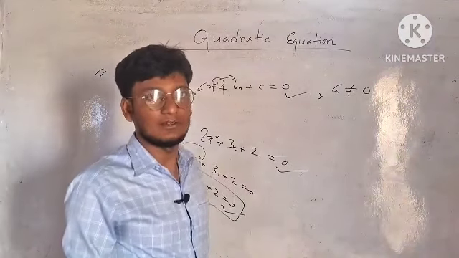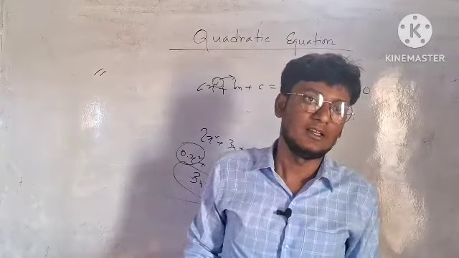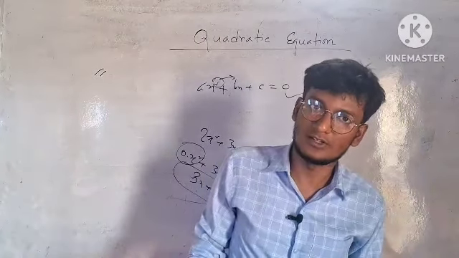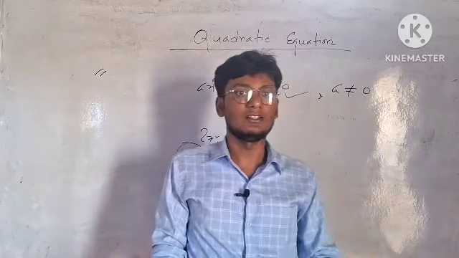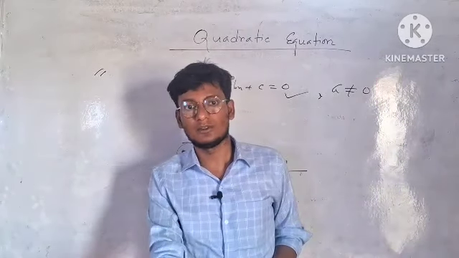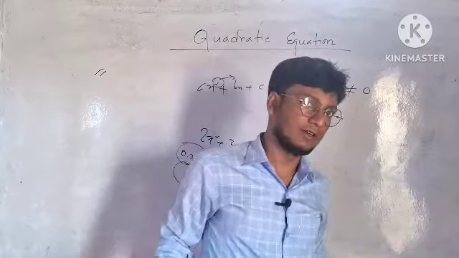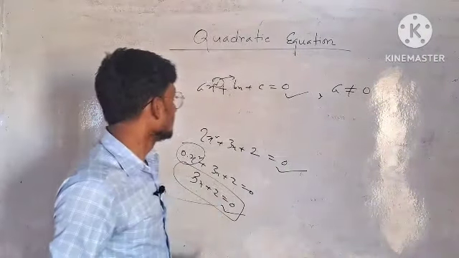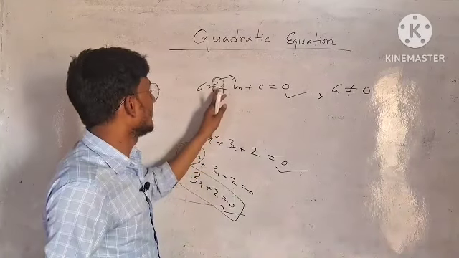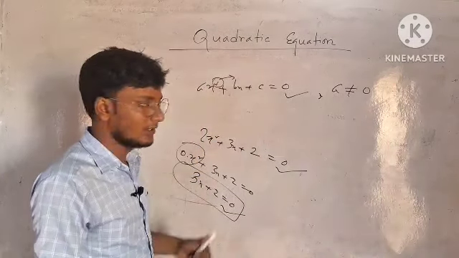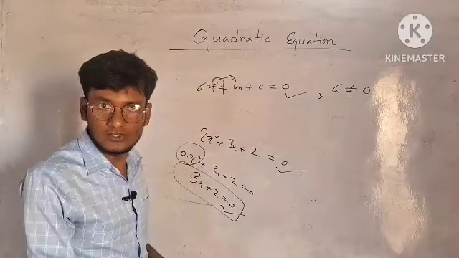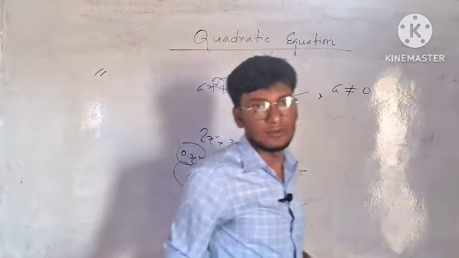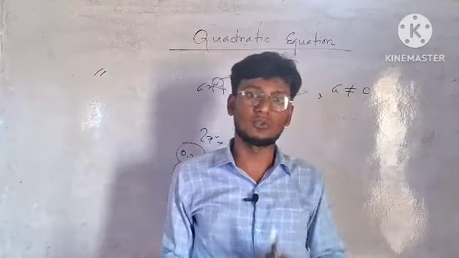So if you are able to express in the form of ax square plus bx plus c is equal to 0, then we call this equation a quadratic equation. Otherwise it is impossible. The degree of this equation is 2, so there are 2 roots.